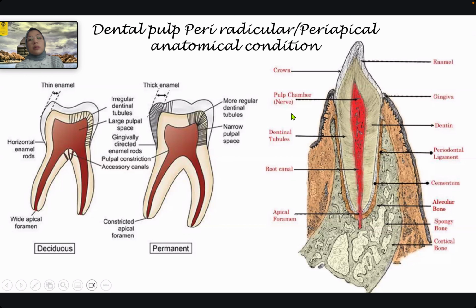We call it periradicular or periapical condition of the tooth. Yeah. So you will get this in the first and maybe the second scenario, related also with the infection and etiology of the disease. But I think you have to find plenty of pictures like this, so you have to know the anatomical condition and the difference between the deciduous and also the permanent one.